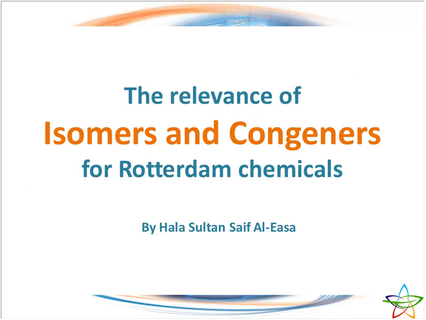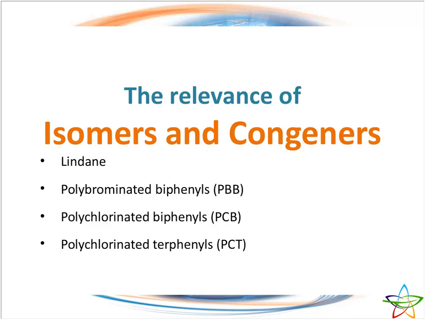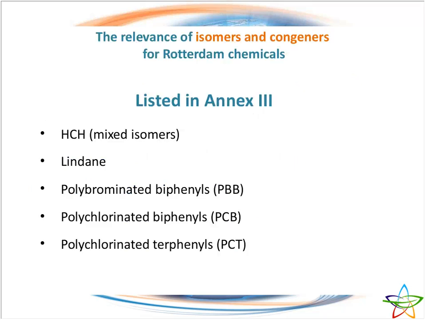Now, as you can see in the slide in front of you, we have the following chemicals which are listed in Annex 3: hexachlorocyclohexane, mixed isomers, except the gamma, which is the lindane.